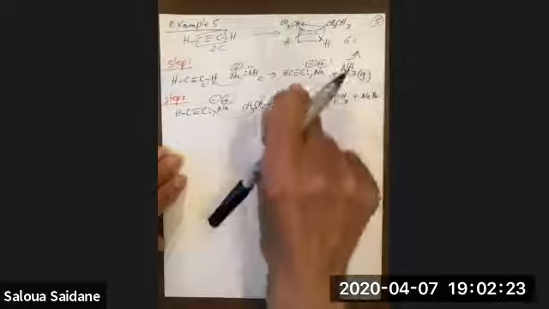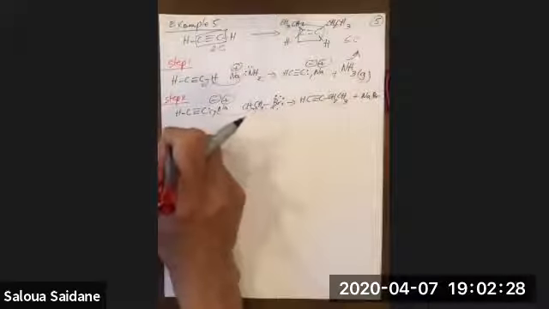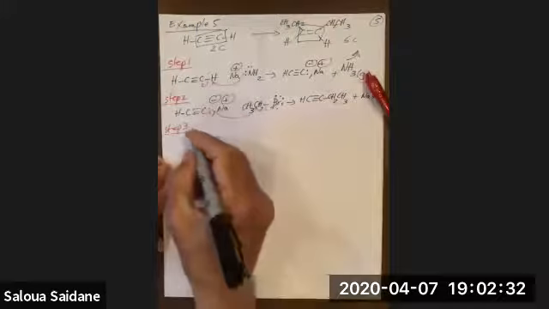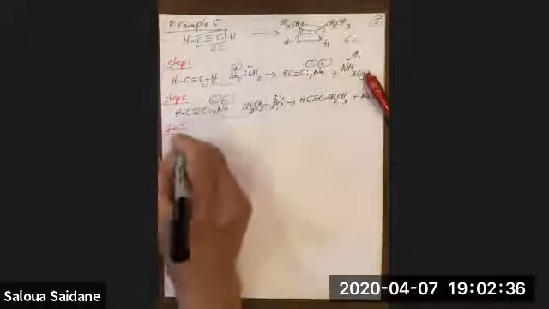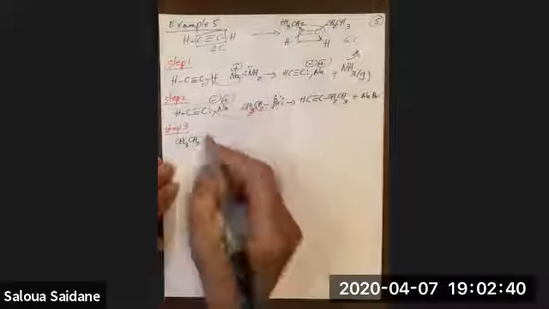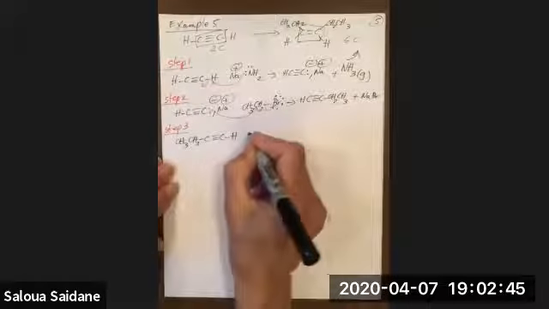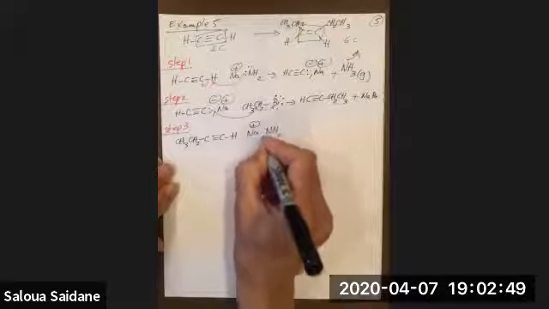But now we want to add 2 carbons on this side, so we have to do it again. So step 3, we're going to take this now and remove this H. So I'm going to flip it, write it in this position. I'm just doing a 180 flip here. And then bring Na plus NH2 minus.